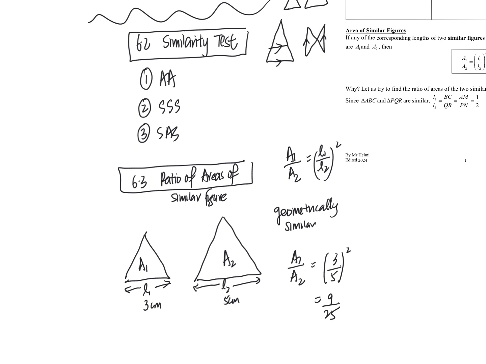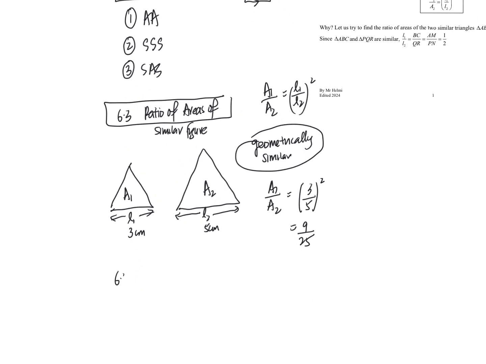The whole chapter talks about this ratio for 6.3. So all the examples they give you talk about this. The only thing that can change is the shape. They change to funny shapes, but it's still this ratio as long as you see geometrically similar. Okay? Then 6.4 talks about volume.